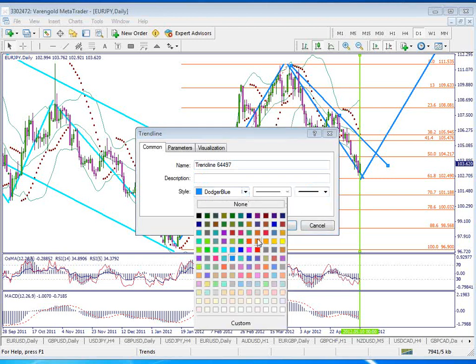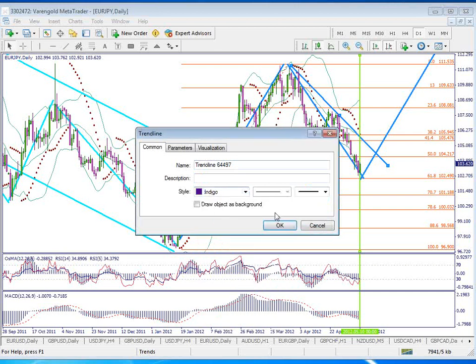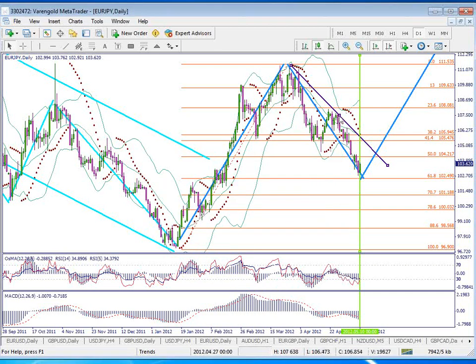I want to draw the channel lines. I think that we have to pay attention to this signal that is not formed yet.